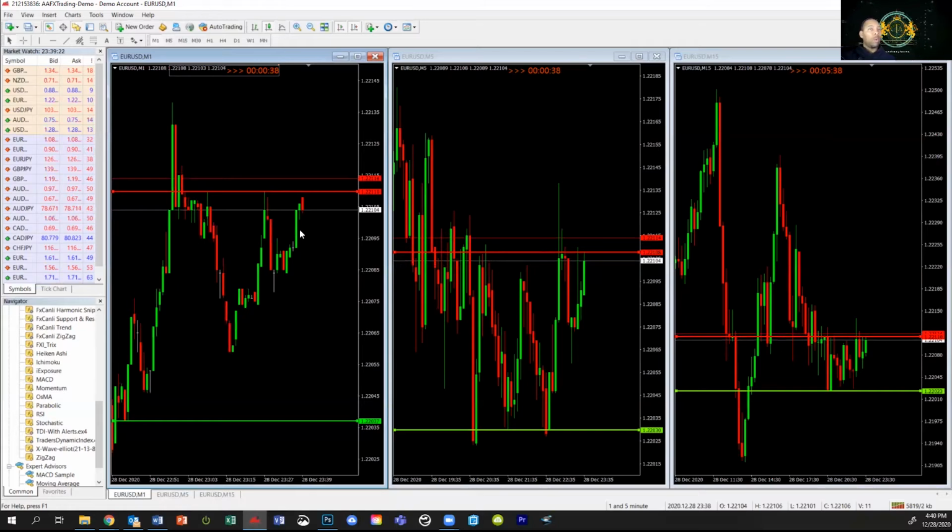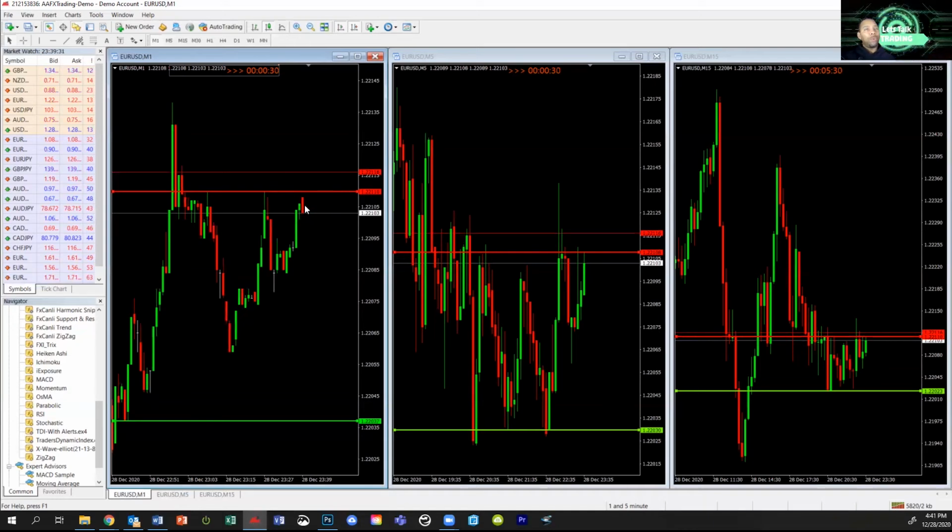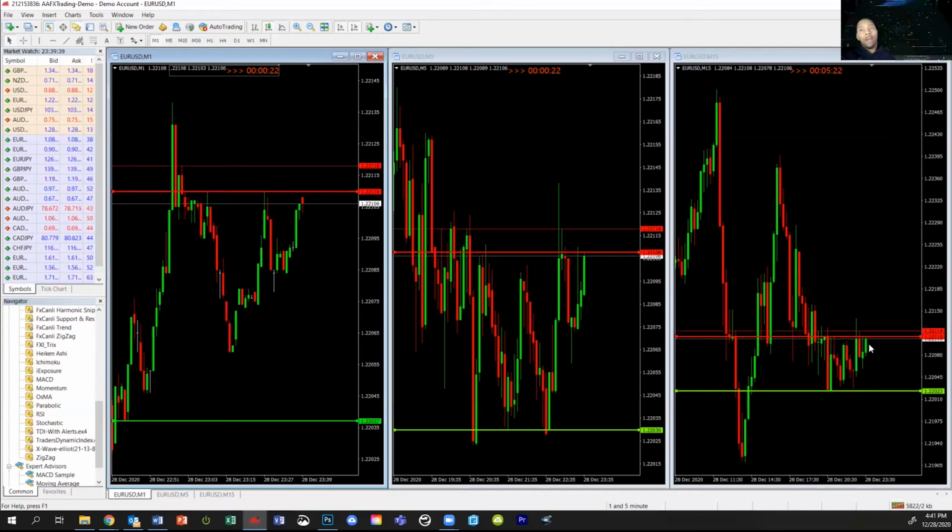We'll watch and see what happens, because potentially the next few candles may start painting red and start coming back down. We don't know. But because of the momentum of the 15-minute chart, it could very well break through this ceiling and start creating higher highs and testing levels up in this area.